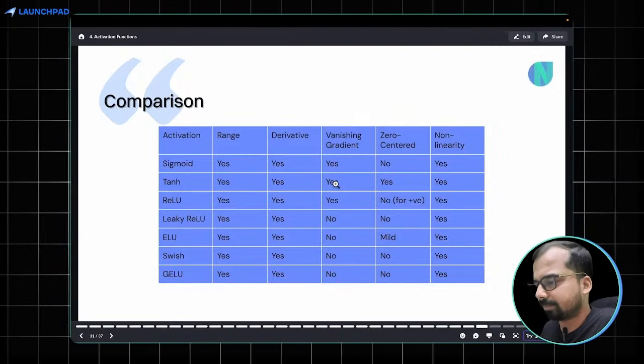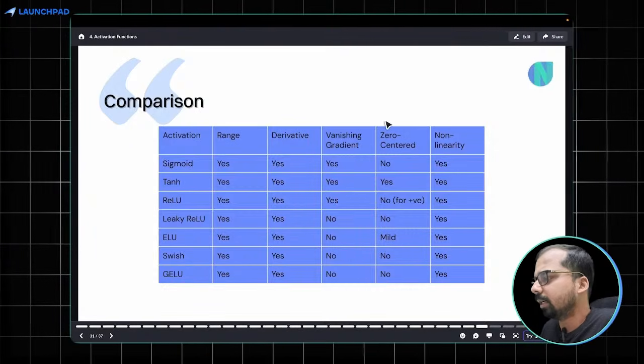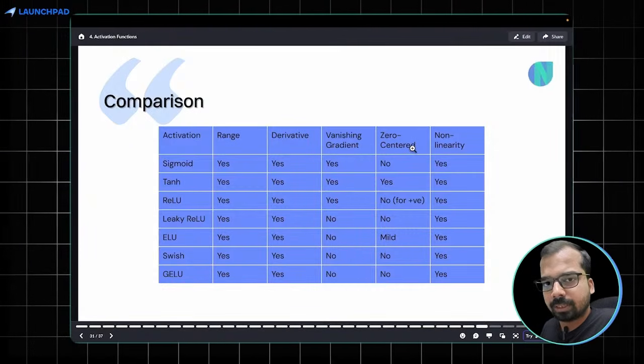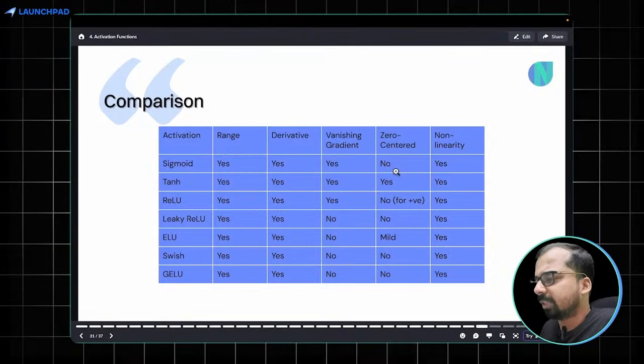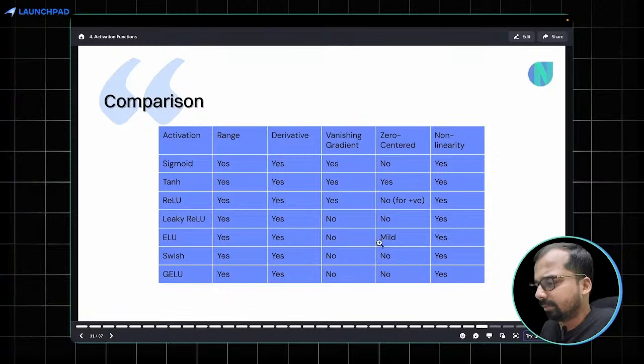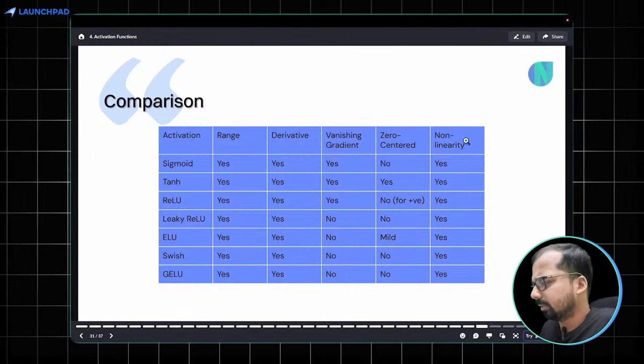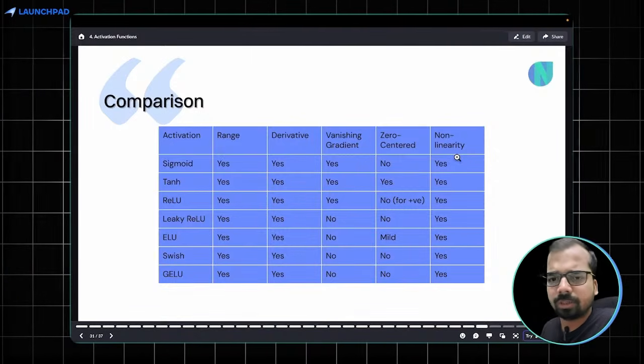Sigmoid, tanh and ReLU actually suffer from vanishing gradient. Is it zero centered? Sigmoid is not zero centered, tanh is zero centered, and the remaining are also not so zero centered, and all of them introduce non-linearity.